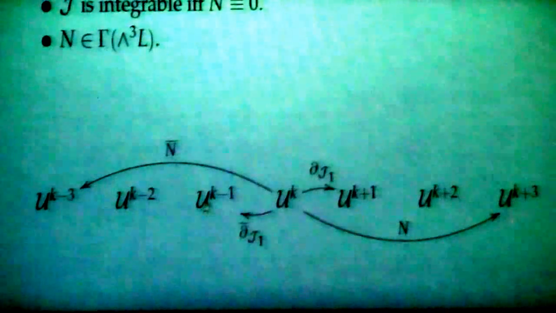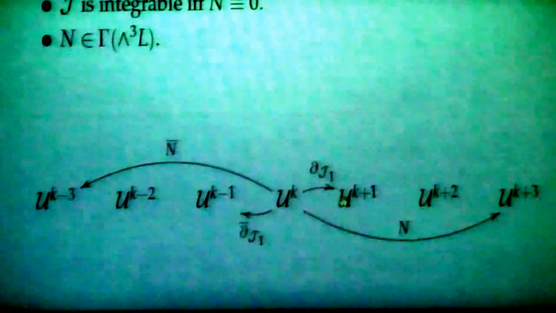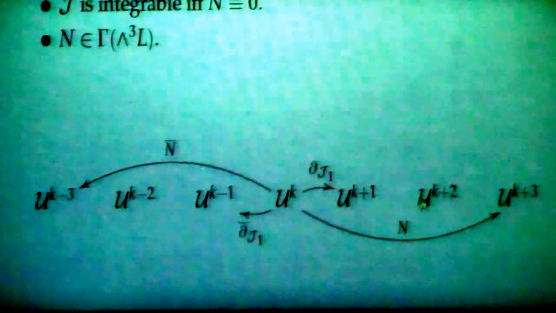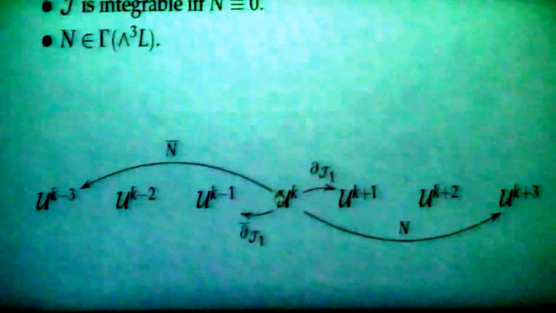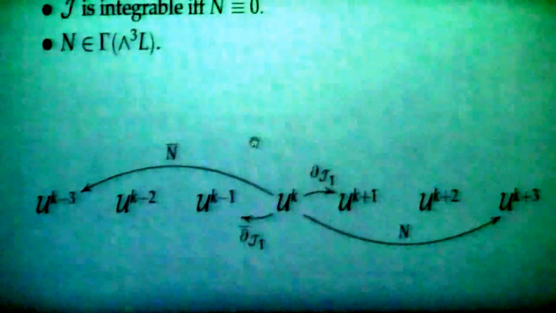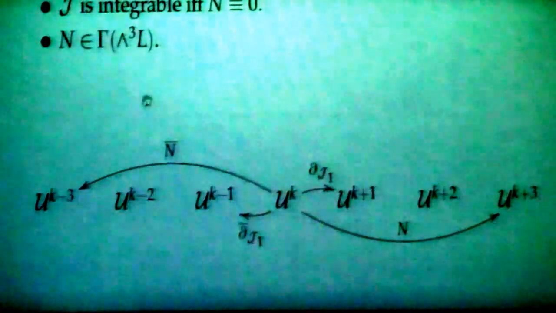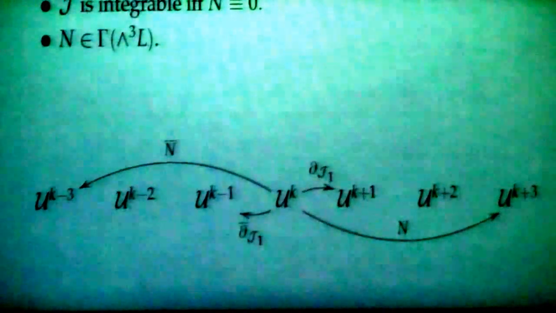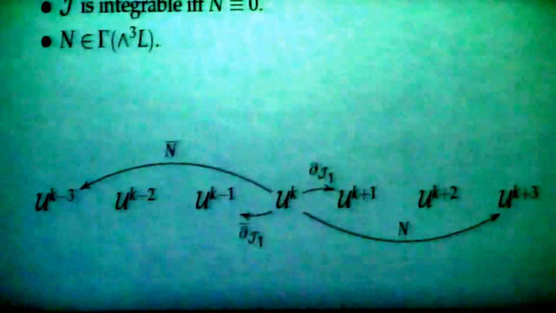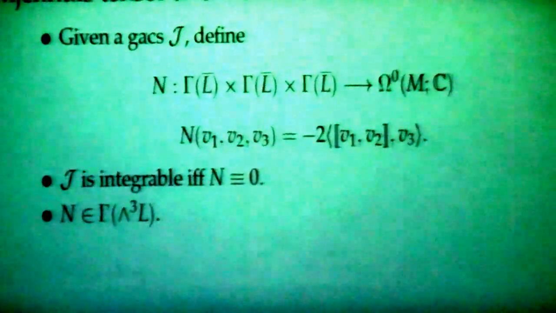The spots are the adjacent ones, so you can increase the index by plus or minus 1, or you can increase the index by plus or minus 3. And the operation that increases the index by plus 3, for example, is just the Clifford action of this element here in L. Okay, so it's a very concrete way to go from this somewhat standard definition of the Nijenhuis tensor to something that I find a little easier to use in computations.